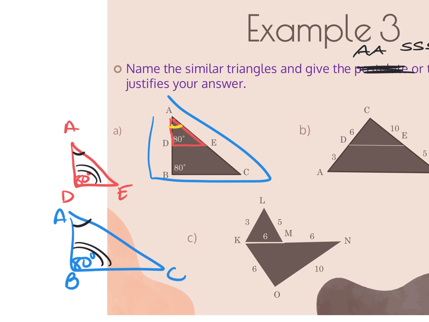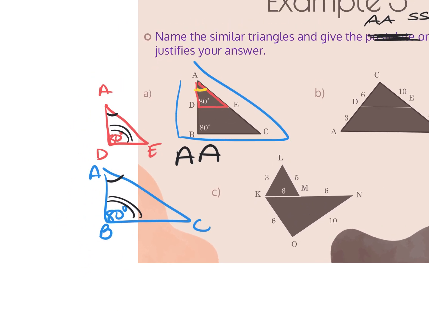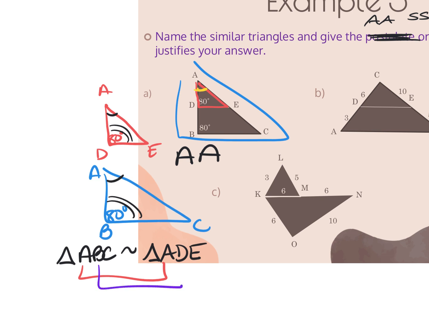So I will say, yes, these are similar using angle, angle, and my similarity statement could be that triangle ABC is similar to triangle ADE. Because A and A match, B and D match, and lastly, C and E match.